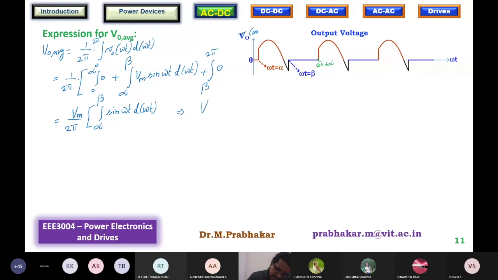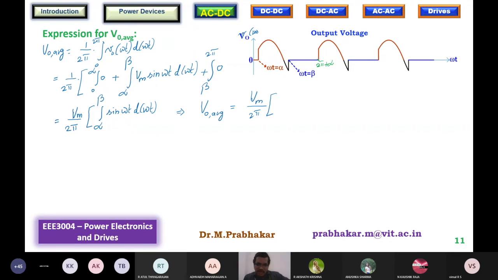So once you complete this, you will get the average output voltage expression as Vm by 2 pi into, from alpha to beta, integral sin omega t. You integrate, you get minus cos omega t, and then you have to substitute the limits.